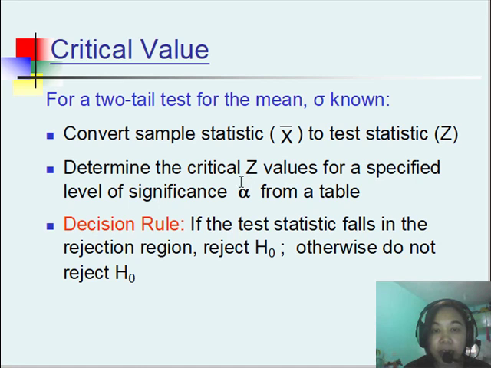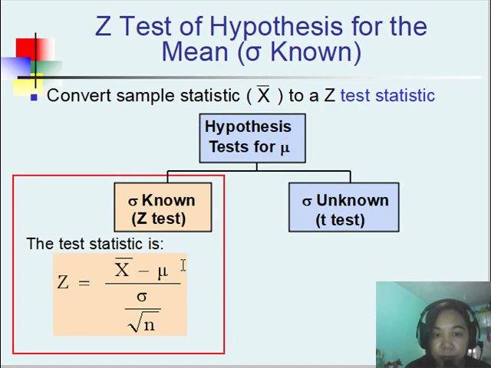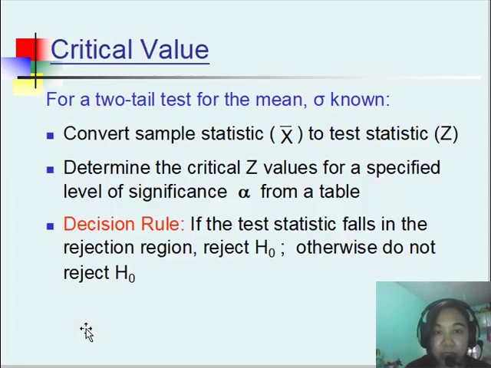Then if your calculated z is within the rejection region, you reject the null hypothesis. If it is within the non-rejection region, then you fail to reject, or basically do not reject, the null hypothesis.